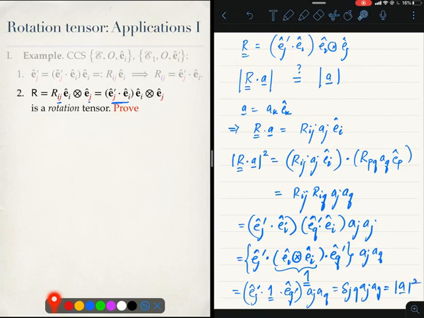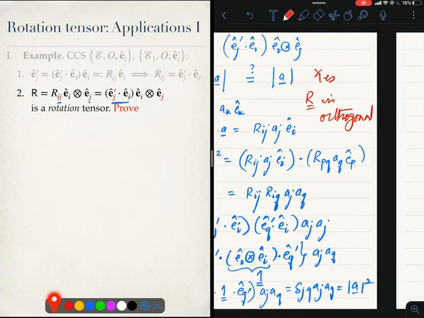So indeed the length of R dot A is the same as the length of A, and therefore I have shown that the answer is yes, and R is orthogonal. But that's not my only claim. My claim is R is a rotation tensor.